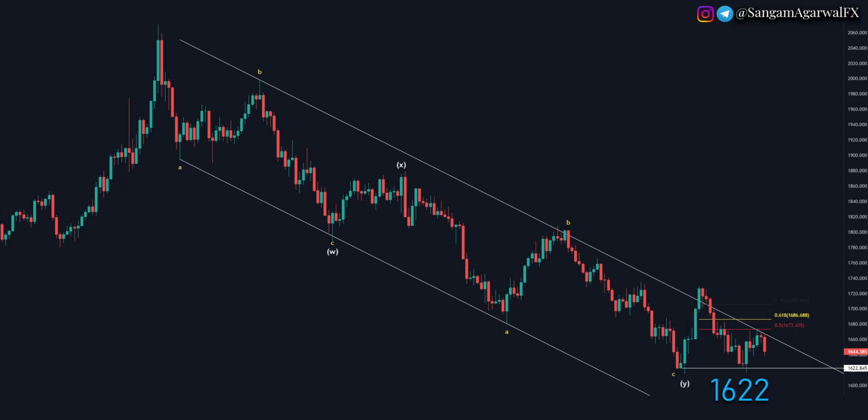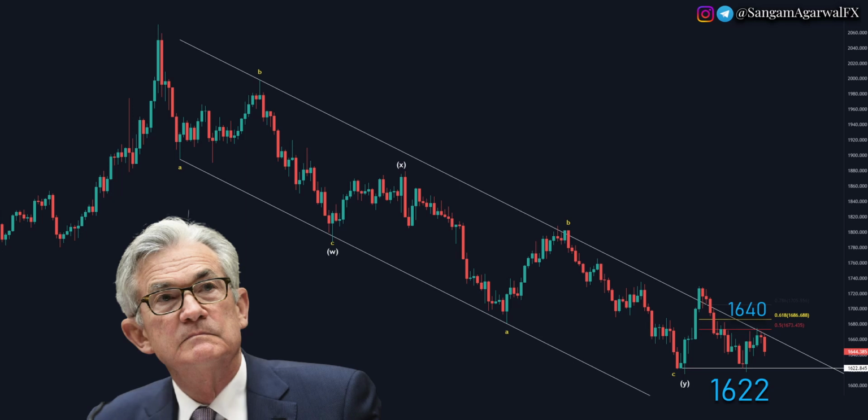But this is a correction, because this top was made at 2070 before the rate hike, and right now it is near 1640. When Fed has hiked 75 basis points multiple times, the risk of recession is increasing every day.